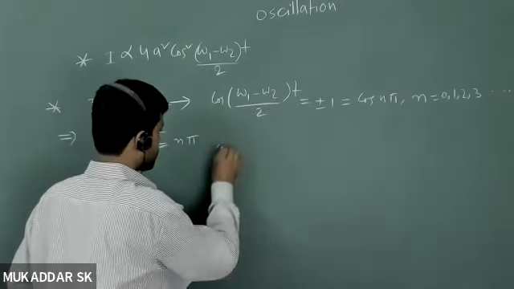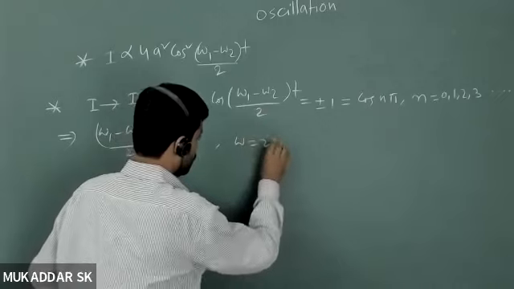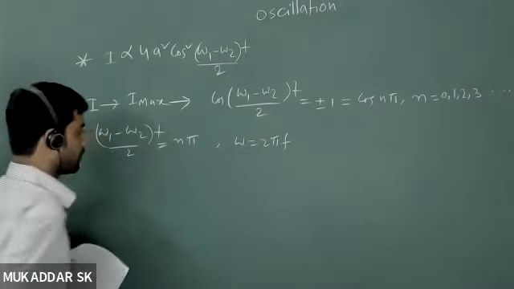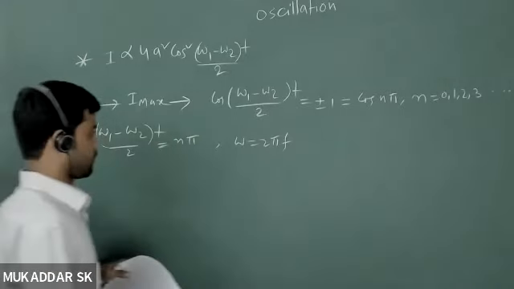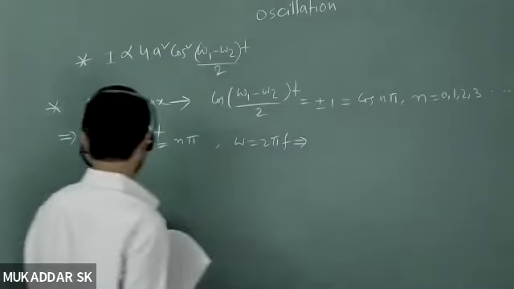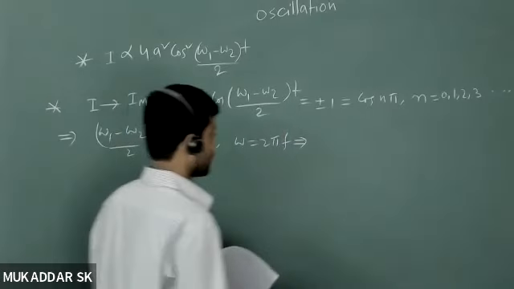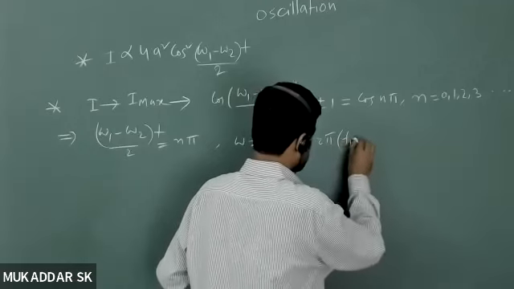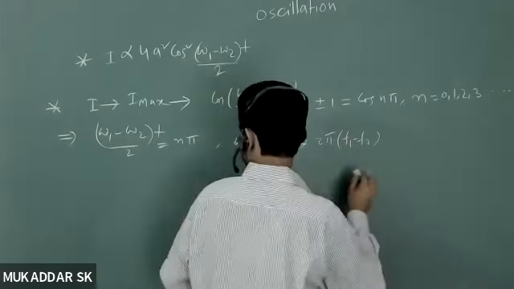And you know omega is nothing but 2 pi f, right? So angular frequency can be written in terms of frequency like this. So I'll substitute this omega in place of omega 1 and omega 2, I'll substitute their frequency. So I'll get 2 pi (f1 minus f2), right?